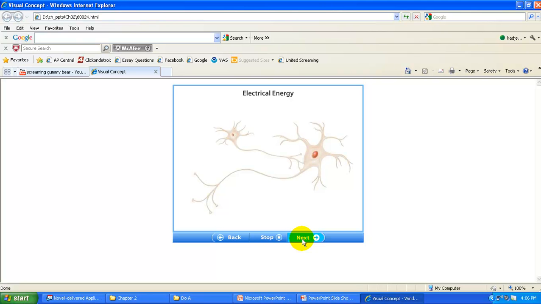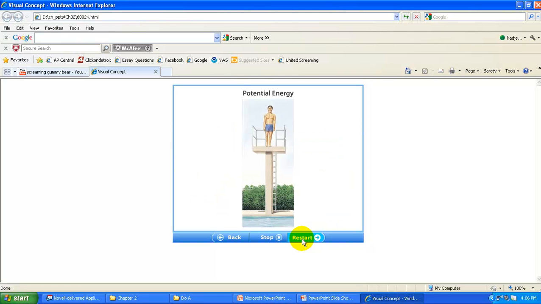Nerve cells use electrical energy to convey messages throughout your body. Stored energy is called potential energy. The man standing at the top of the diving board has a lot of potential energy. When he jumps off the board, the energy changes to kinetic energy, which is the energy of motion. An important characteristic of energy is that it can be converted from one form to another.